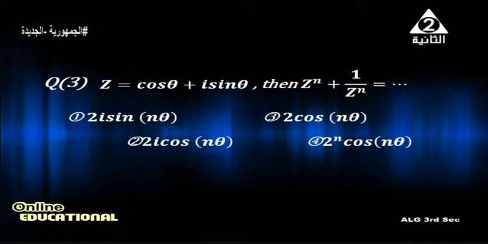My dear student, we know that Z to the power n plus 1 over Z to the power n equals (Z plus 1 over Z) to the power n. Look, by substitution, the answer is 2 cosine n theta.